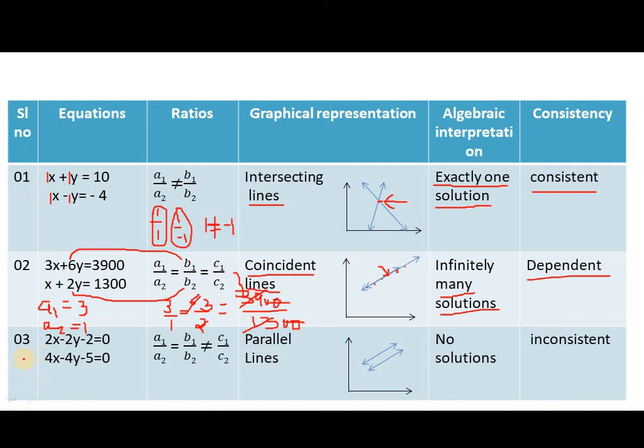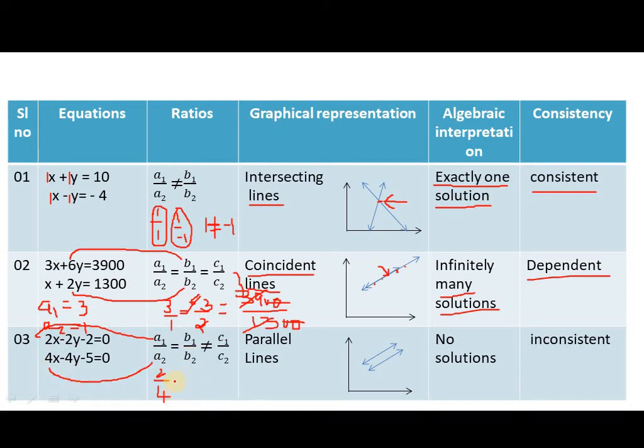In the third case, here a1 by a2 is 2 by 4. So a1 is 2 and a2 is 4.